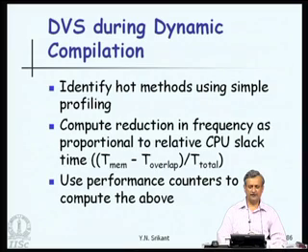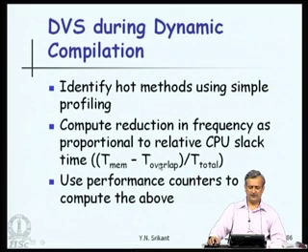They try to accumulate information about which methods are very hot, or executed very frequently, using simple profiling methods, and then they compute reduction in frequency as proportional to the relative CPU slack time. As we know, the time required for accessing memory minus the overlap time, that is a useful activity of the CPU, that is the overlap.